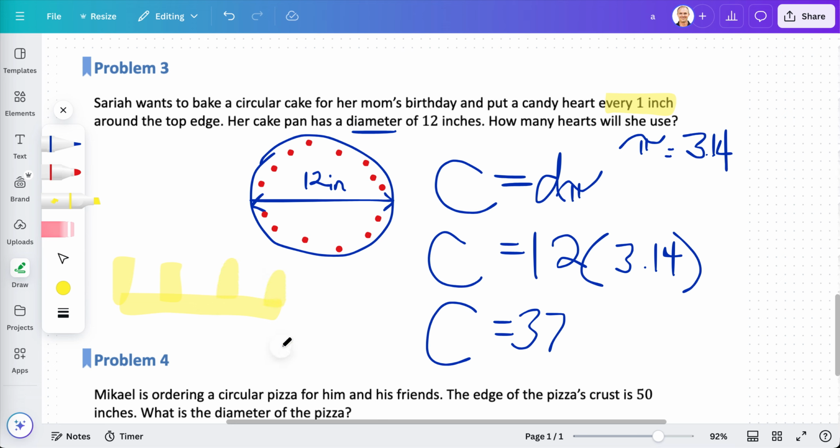So she's going to space these out around the edge. This is 37. So we would need to factor in these spaces.